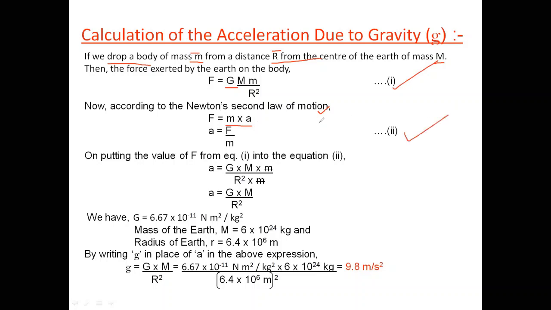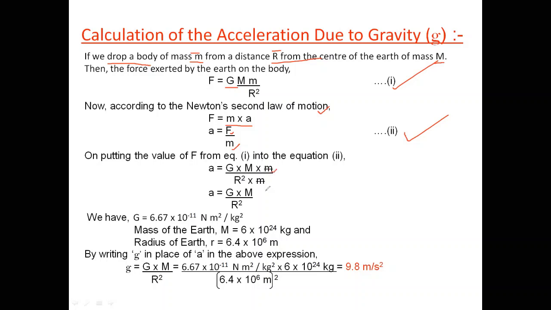Now putting the value of this F, ठीक है, इस F की वैल्यू को हम लोग इक्वेशन 2 में रखेंगे. We get a is equal to G into capital M into small m divided by r square into m. ठीक है, अब ये m और ये m दोनों कैंसिल आउट हो गया.